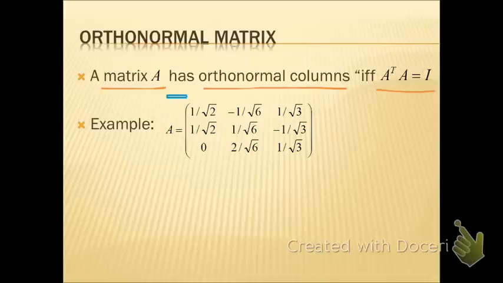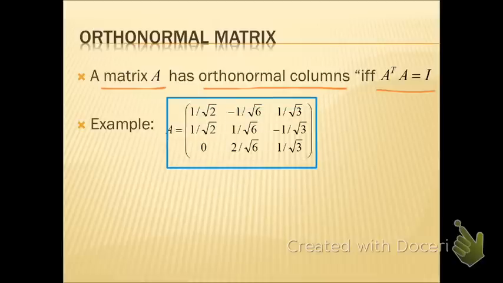So let's consider this example here where A is equal to the given matrix. If we look at this, each of these columns we call V1, V2, and V3. If we wanted to see if it were an orthonormal set, we would first have to find out if each of these are orthogonal to each other.